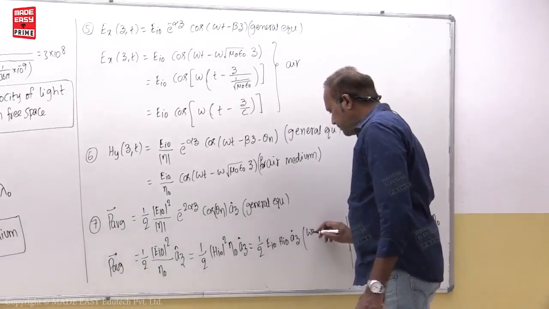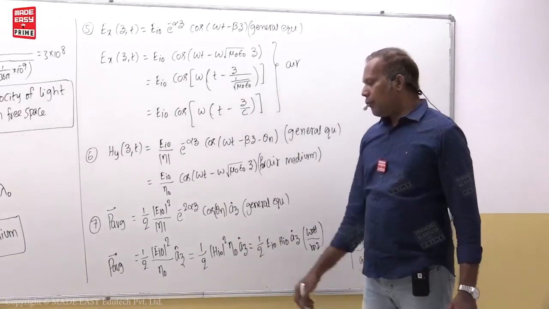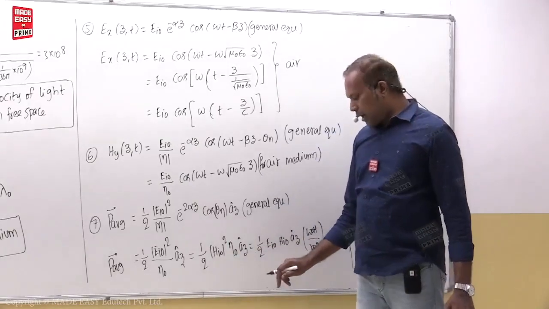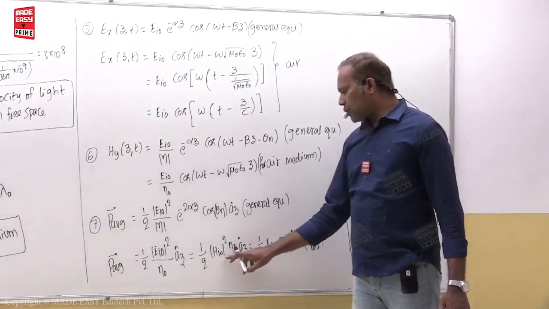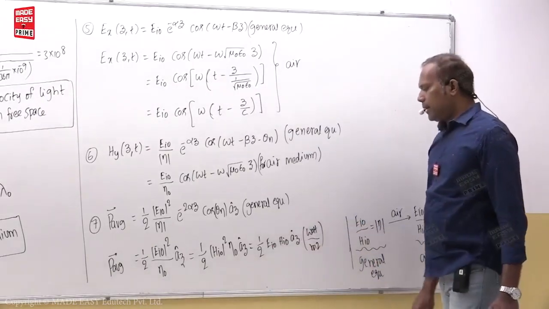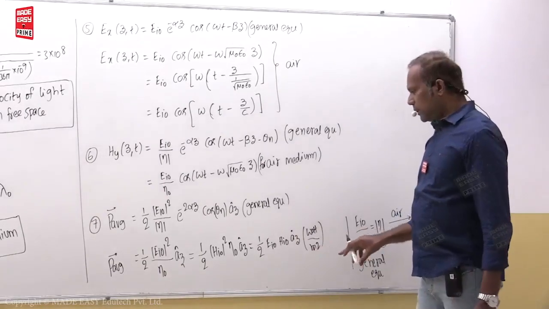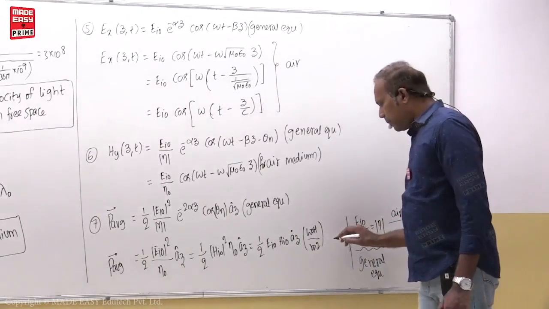So it is like network theory only: half Vm square by R, then half Im square into R, that means impedance, and half into Vm into Im, like that. Half is not there means here you have to take RMS values, dear students.